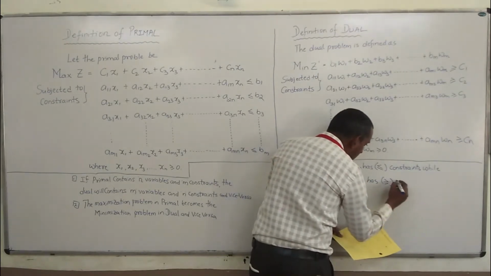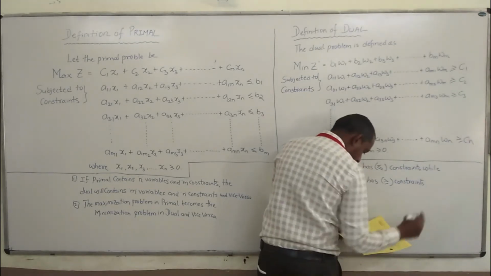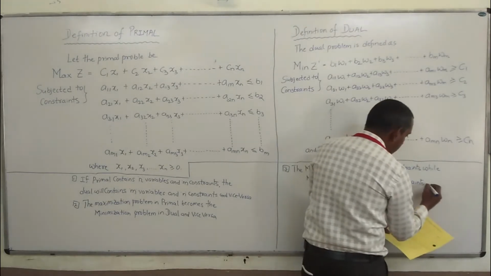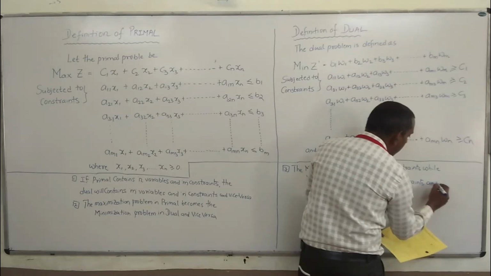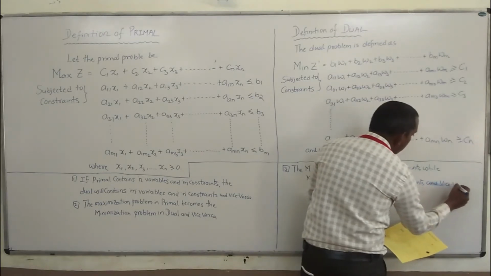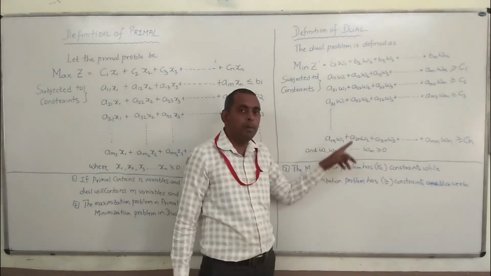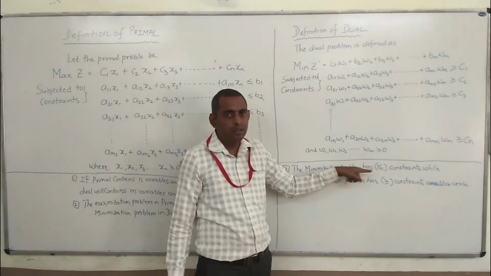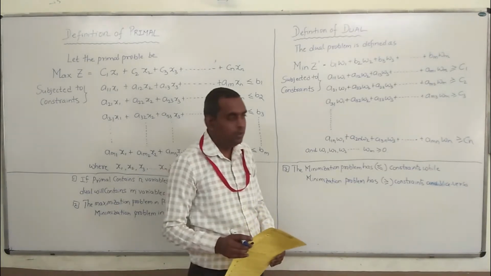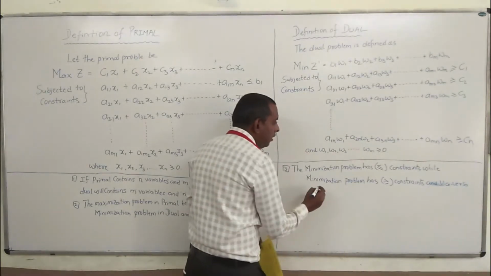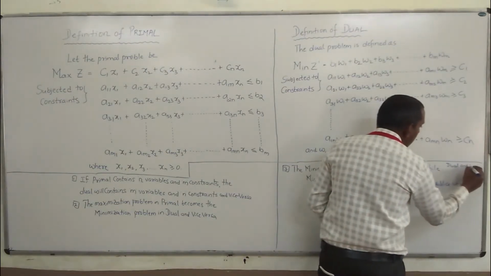Greater than or equal to constraints. And vice versa. The difference here: if the maximization problem has less than or equal to constraints, then the minimization has greater than or equal to constraints, in both dual and primal.